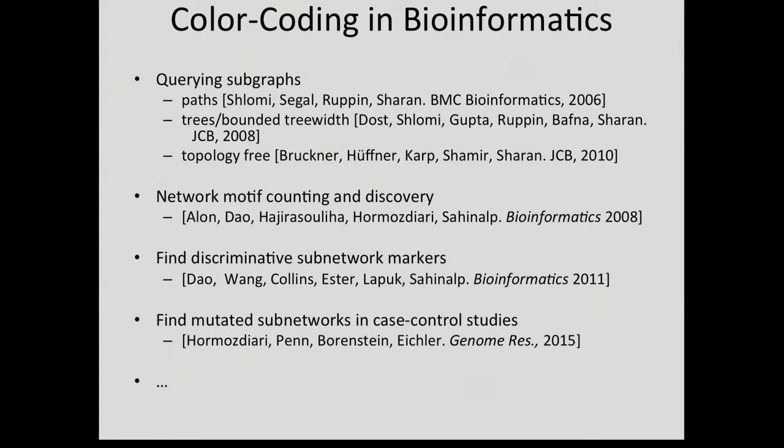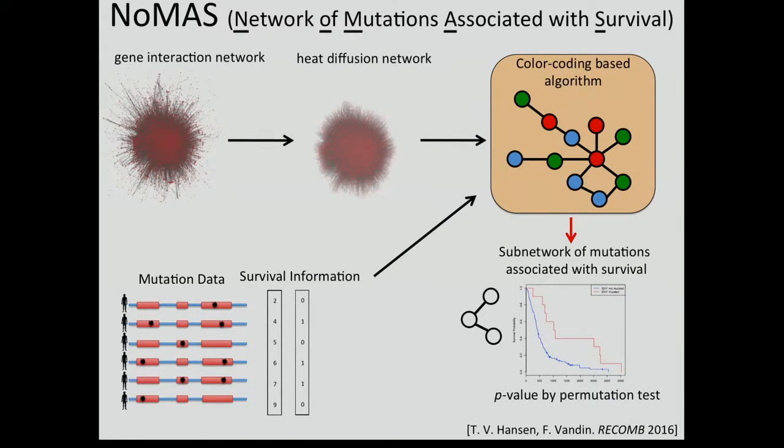And so what we have done with my student Tommy Hansen, who is currently at the University of Southern Denmark, is to build on top of the color coding procedure a method that identifies the subnetworks with mutations associated with survival by taking a gene interaction network, running a diffusion process on the network so that we capture interactions that are not just direct interactions.